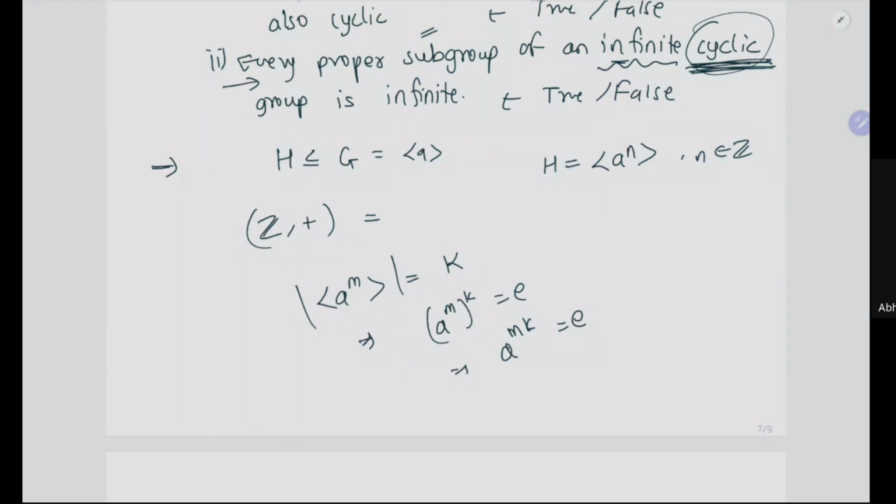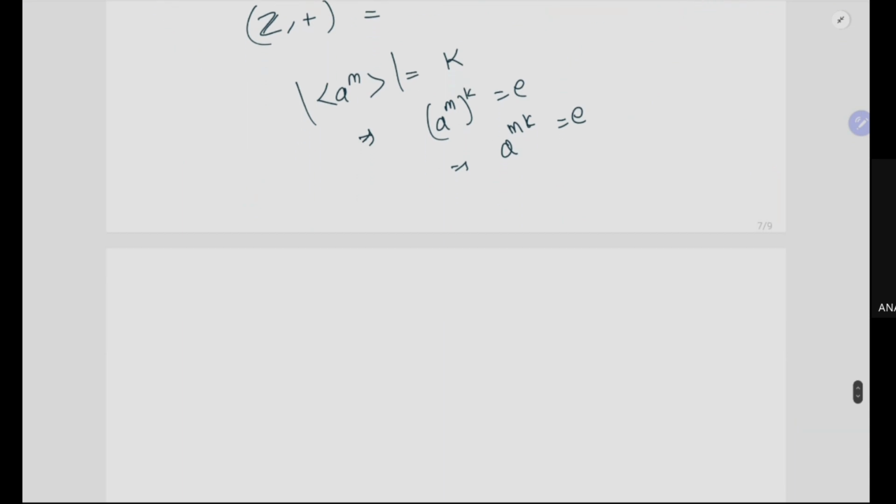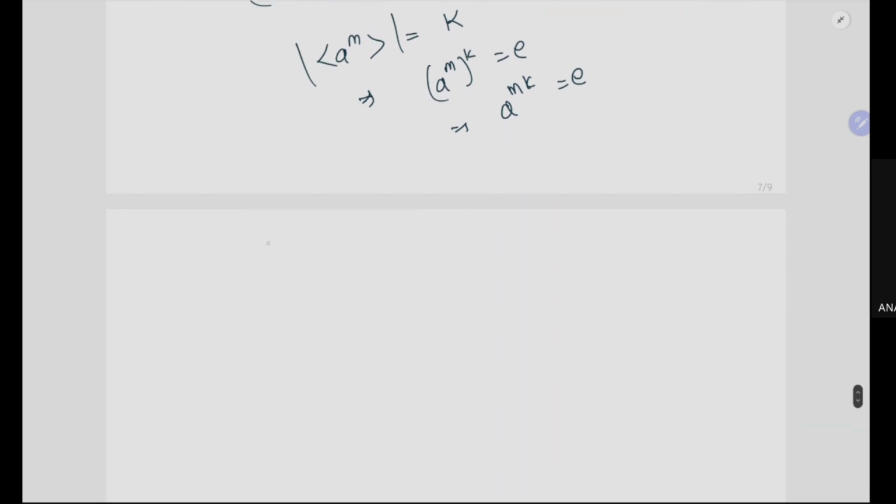Somebody just said something, but can you specify the group? R star under multiplication. Okay, R star under multiplication.